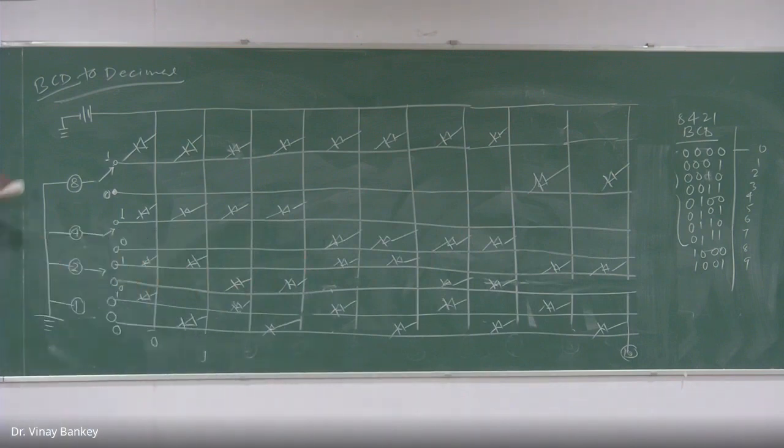Now I want to represent 6. So 6 means what? See there. What it will be? 0, 1, 1, 0. So this switch has the weightage of 8. Okay, and this switch has the weightage of 4, similar way 2 and 1.